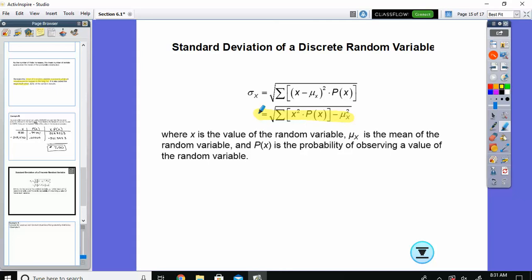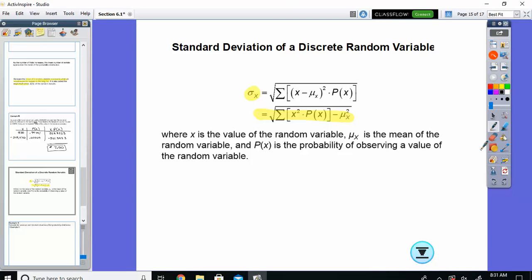Typically, if we're going to do it by hand, we will use the second way because we're already usually doing the x times p of x when we find the mean, so it's not that big of a stretch. It's a little bit easier to calculate. So, what we will have to do is the square root of the sum of the x squared p of x's minus the mean squared. Okay, on your formula sheet, you don't have to memorize it. We just have to be able to do it.